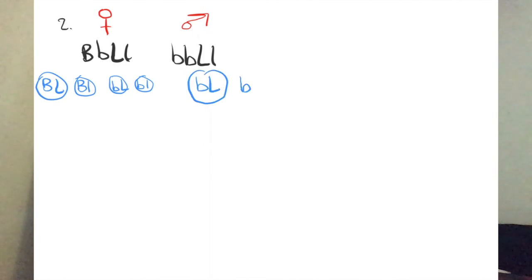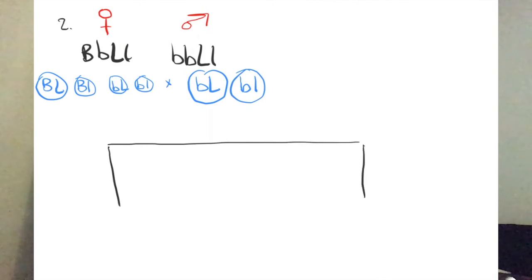This female can produce 4 possible gametes. But the male can only produce 2 possible gametes. So I'm going to cross these in a slightly different square where I draw my female on the top and my male on the side.